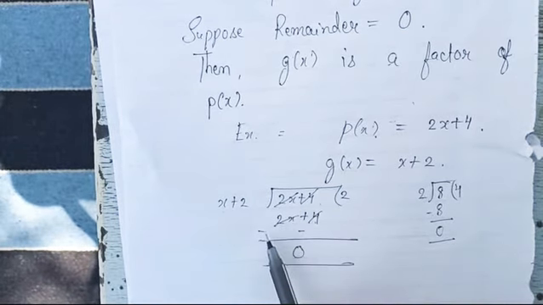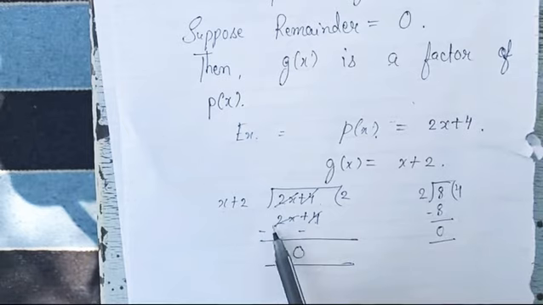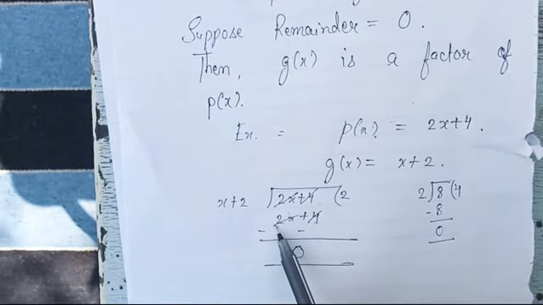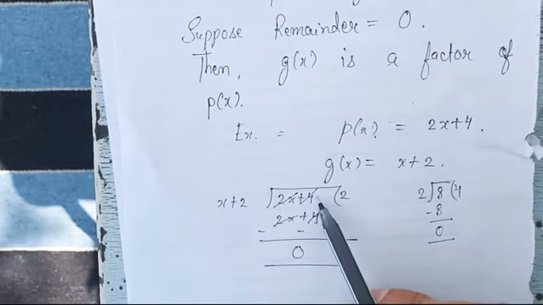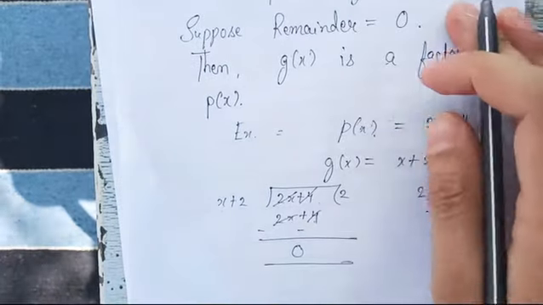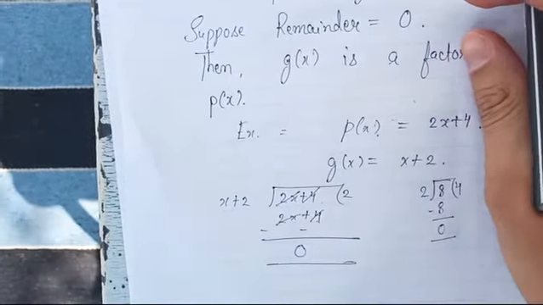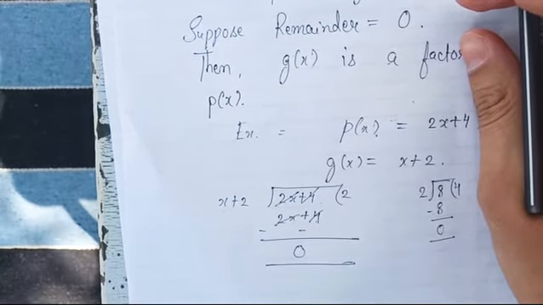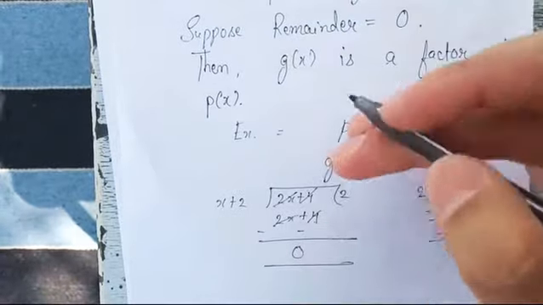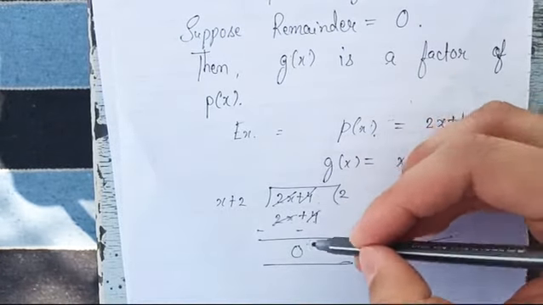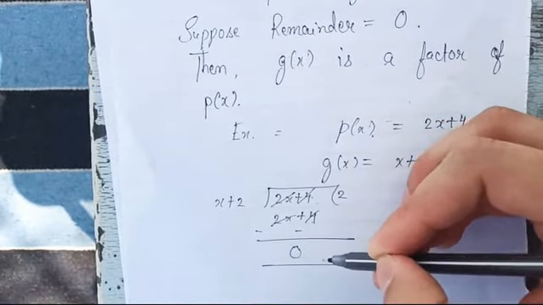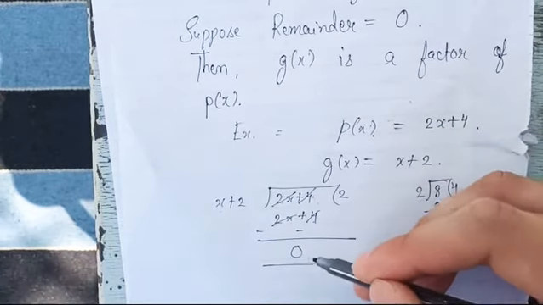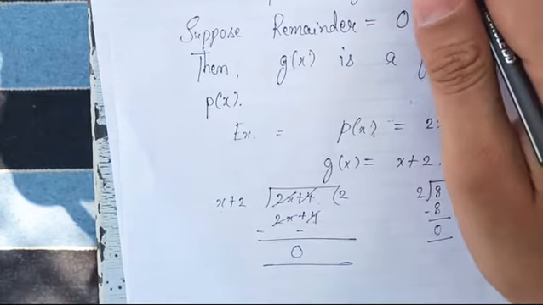Now we will consider this sign, not this. So 2x minus 2x is 0, and 4 minus 4 is 0. So 2 is the quotient and the remainder is 0.